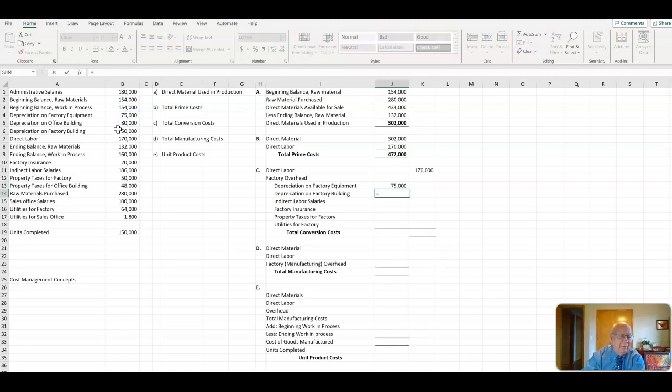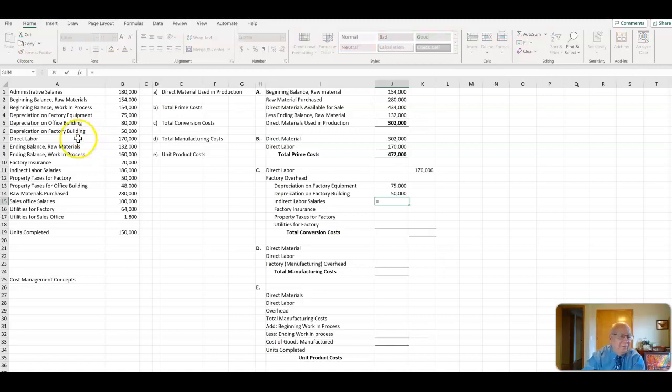Depreciation on the factory building is 50,000. You notice I skipped the depreciation on the office building because that is not part of the factory overhead. That is what we call a period cost, and period costs go on the income statement, which is a different statement to what we're working on. So it's not part of the production process as far as costs are concerned.